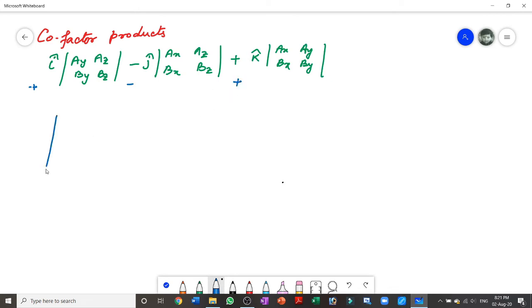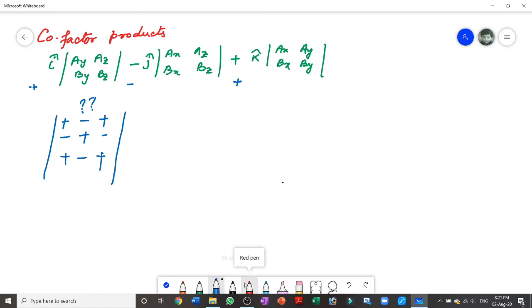If you notice in some of your books or notes, you will find that the symbol is written as plus minus plus, minus plus minus, plus minus plus. Now why this type of pattern? Big question arises.